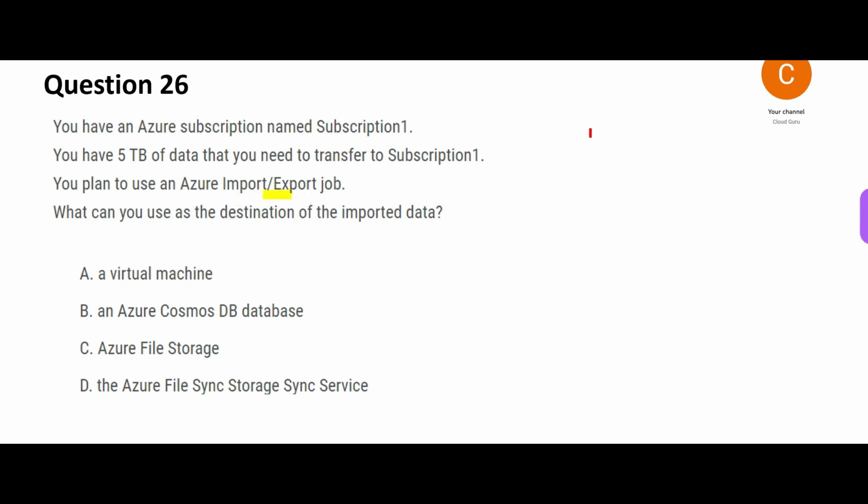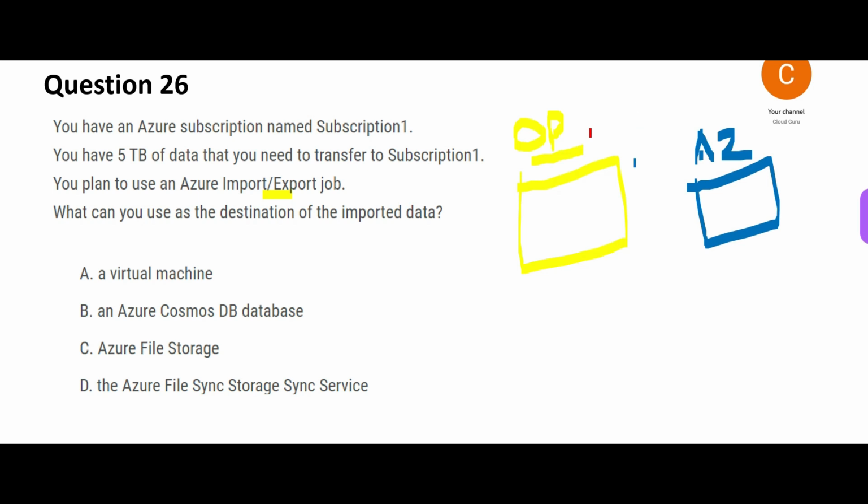We already discussed this job is used to move your data from on premises to Azure. If you use the network, it will be very slow. You can do it on the internet if you have small data, but we use import export for very large data, like terabytes: 700 GB, 1 terabyte, 10 terabytes, 100 terabytes, that kind of volume.